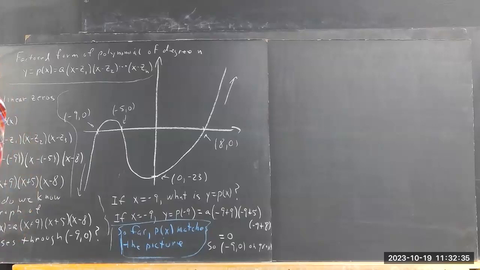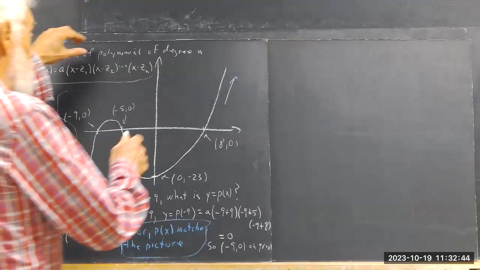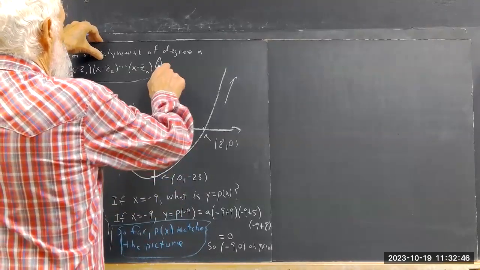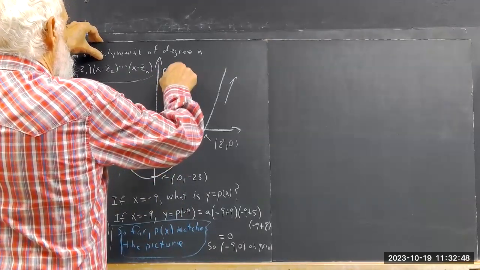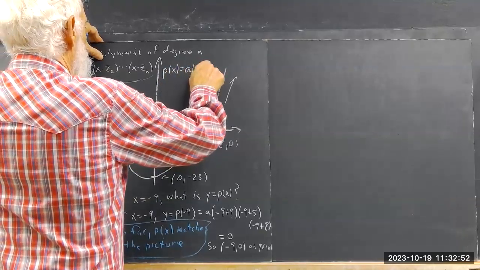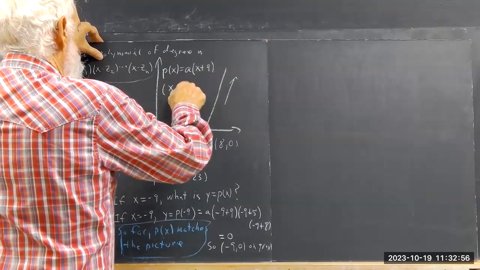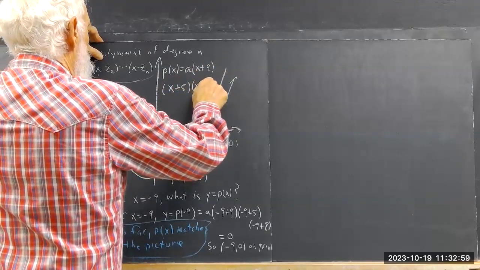Well, does this function... I'll write it a little bigger because some of you have a little trouble seeing it. P of x equals a times x plus 9 times x plus 5 times x minus 8.